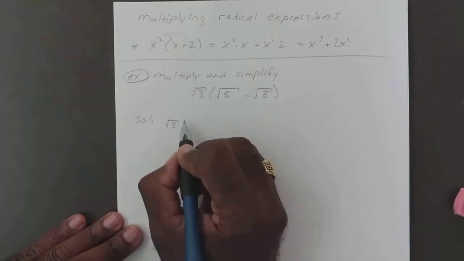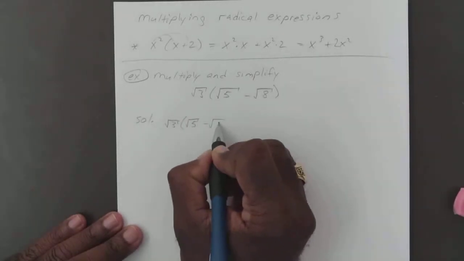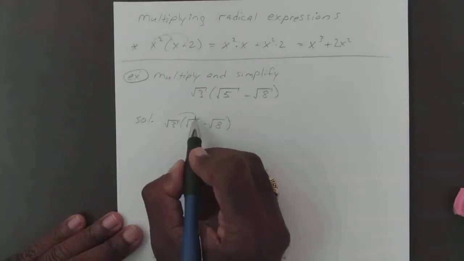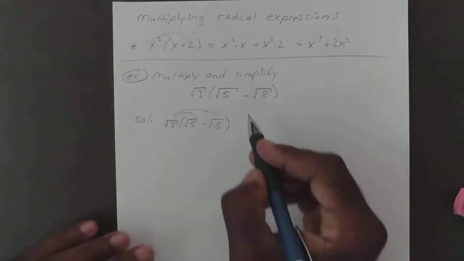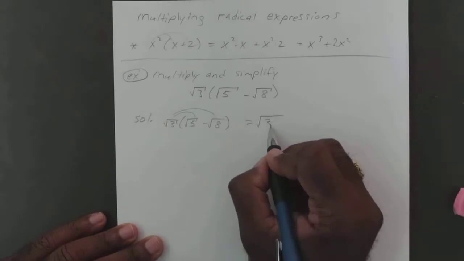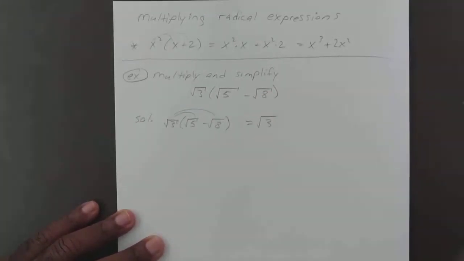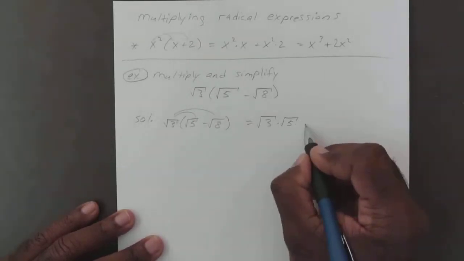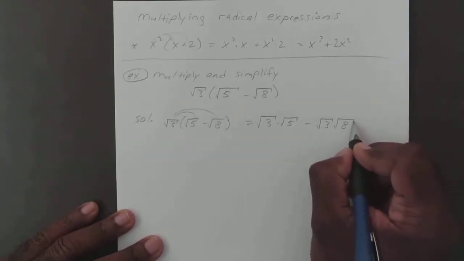We have our square root of 3 times square root of 5 minus square root of 8. We just go ahead and distribute that to both terms. That would equal square root of 3 times square root of 5 minus square root of 3 times square root of 8.